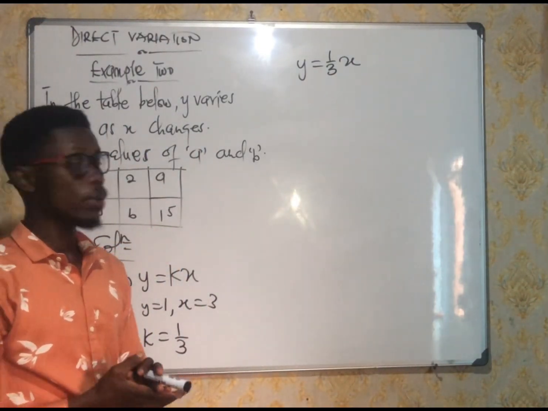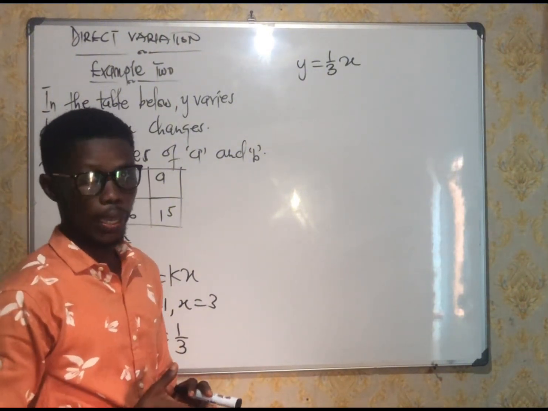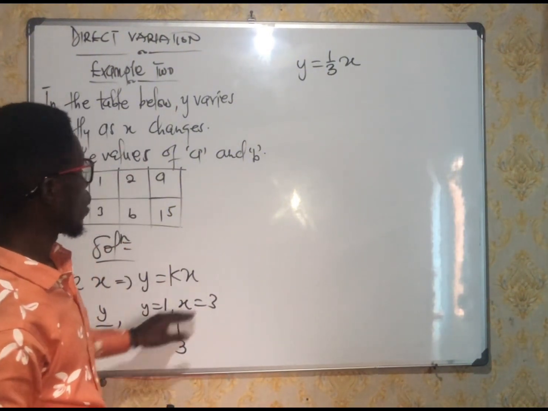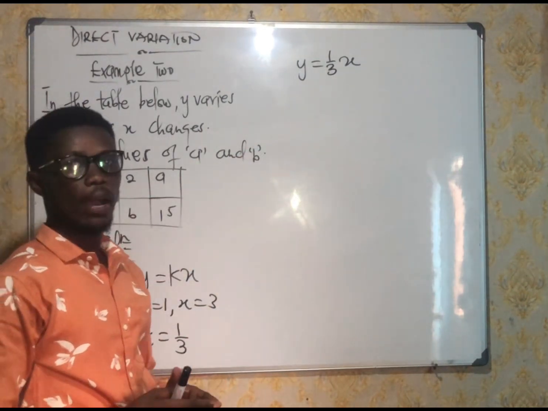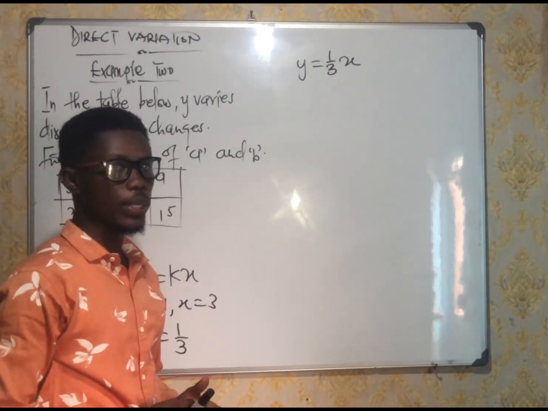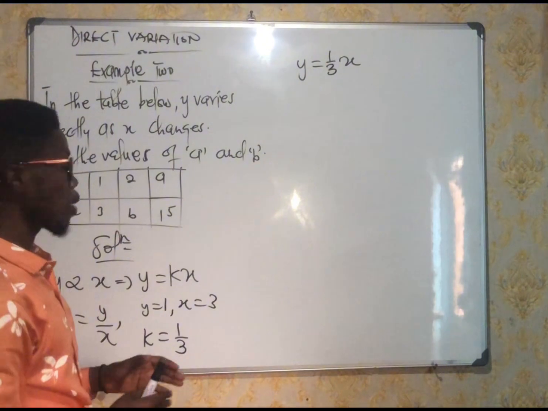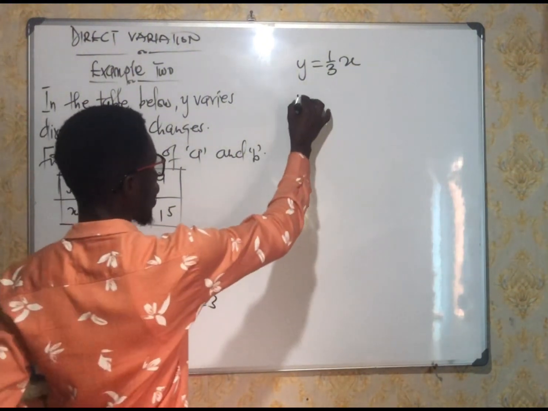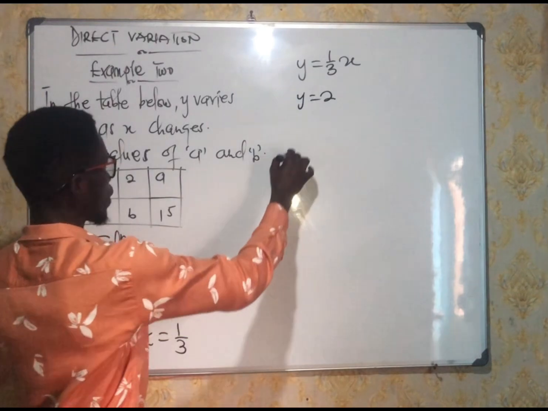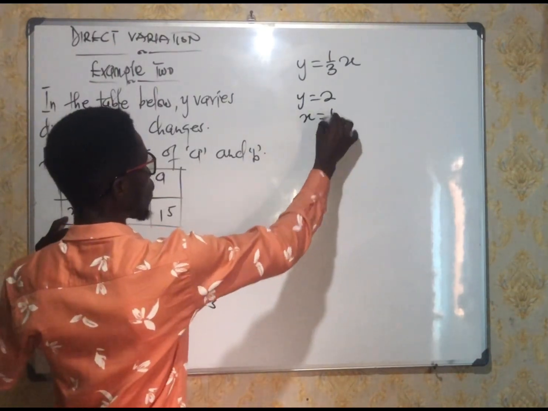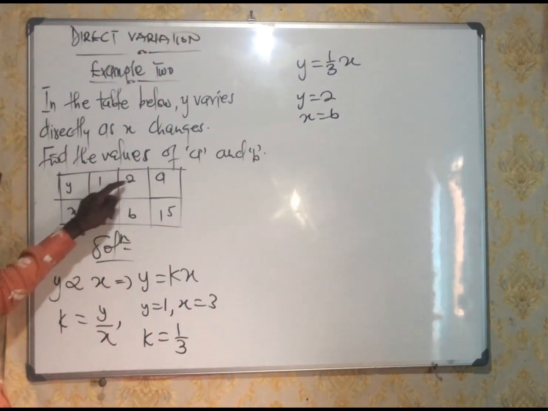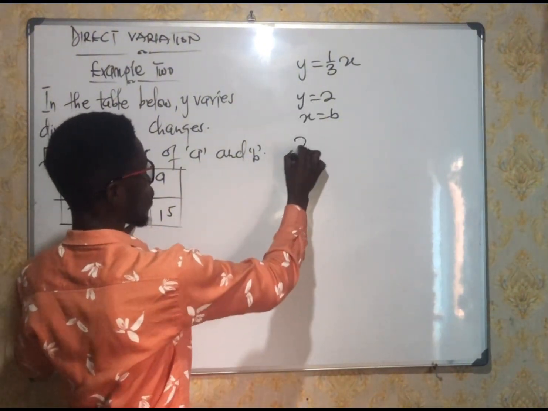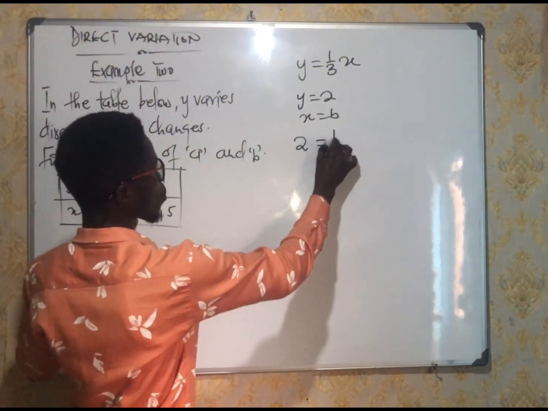So now that we have our value for k, what is the next thing to do? We need to find our a and that of the b. So for me to do that, I have to pick when y is 2, then my x will be b. So when I come here, wherever I see y, I'm putting 2 there, which is 1 over 3.